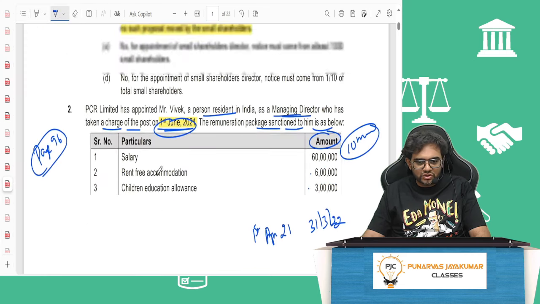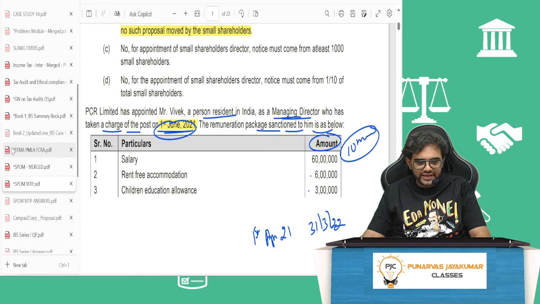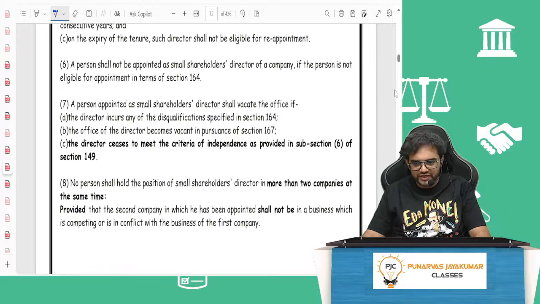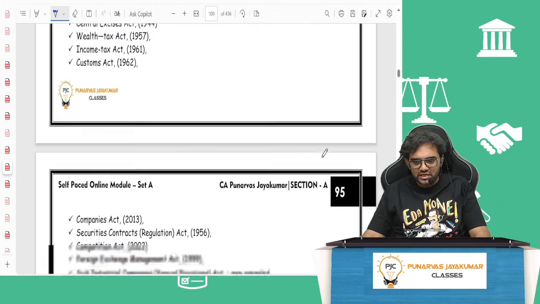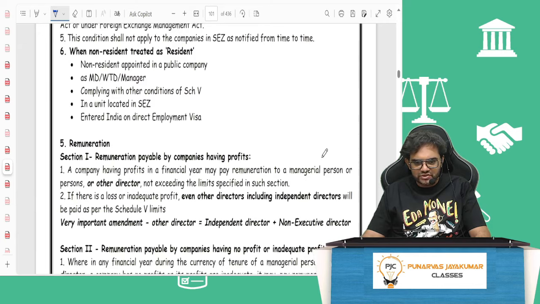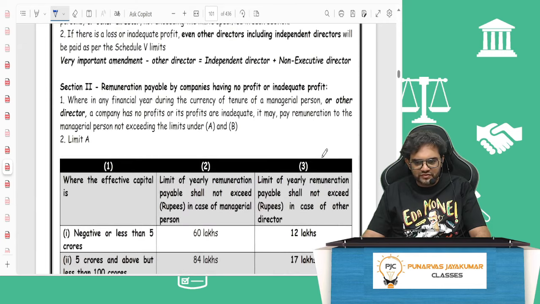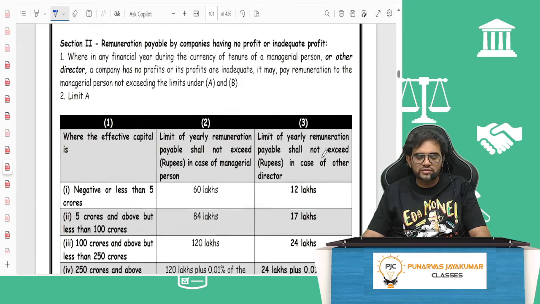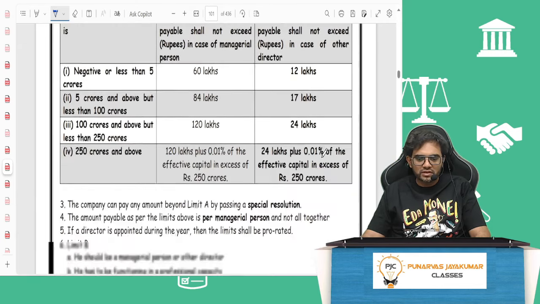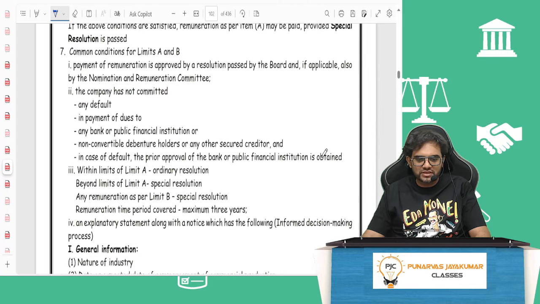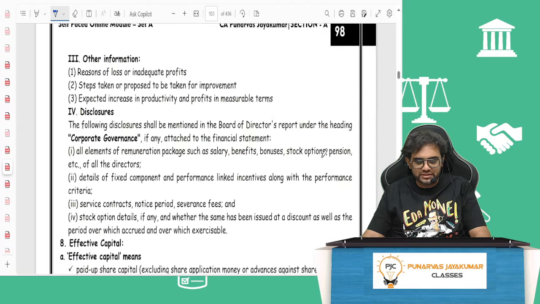So regarding all those dialogues, it is given in my page number 96 of our material, my dear friends. My SPOM students, please come to page number 96. You will get your full answer here. First of all, it is talking about this remuneration here. If they have given about effective capital, etc. So here onwards, you will see all these things.